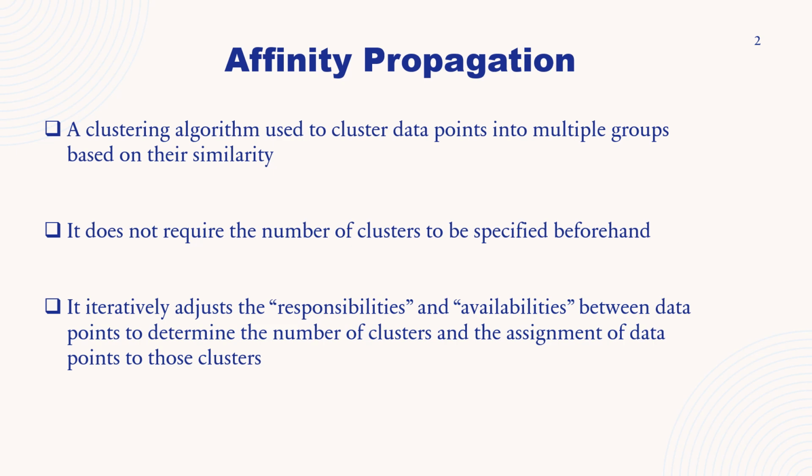It does not require the number of clusters to be specified beforehand. It iteratively adjusts the responsibilities and availabilities between data points to determine the number of clusters and the assignment of data points to those clusters. We'll be explaining the terms responsibilities and availabilities shortly.